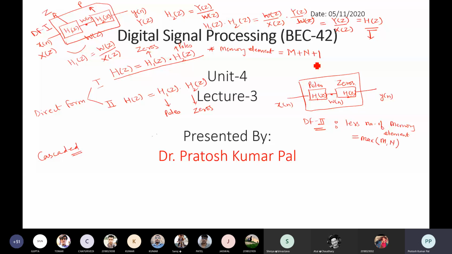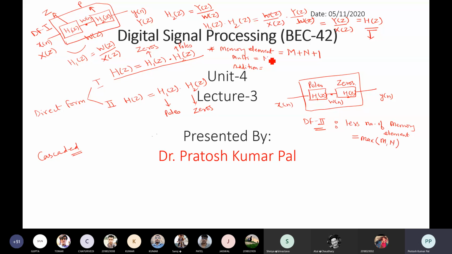But in the case of direct form 2, it will be the maximum of these two. And also the multiplications and additions, that is, adders and multipliers. We have seen that the number of adders and multipliers required in direct form 1 and direct form 2 will be the same.